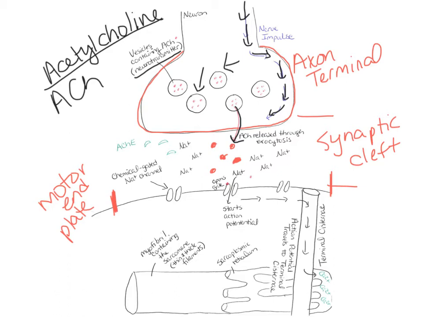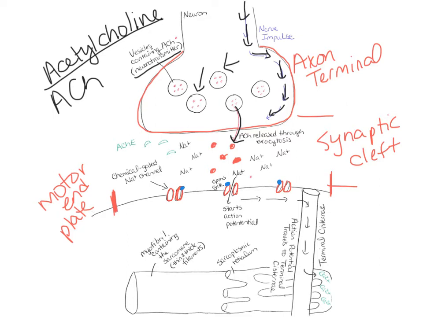If we look at the motor end plate, we can see that there are these receptors over there. These are sodium-gated channels. And they're chemical-gated channels, and on each one of these there is a receptor. And that receptor is an acetylcholine receptor, which means acetylcholine can bind to it.